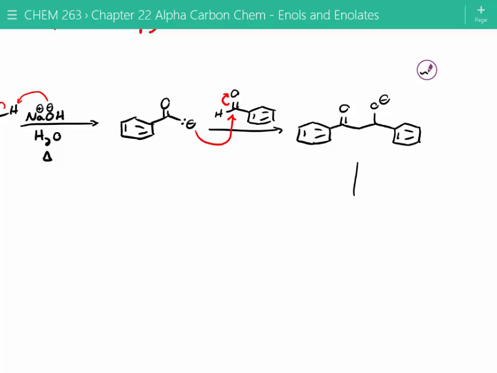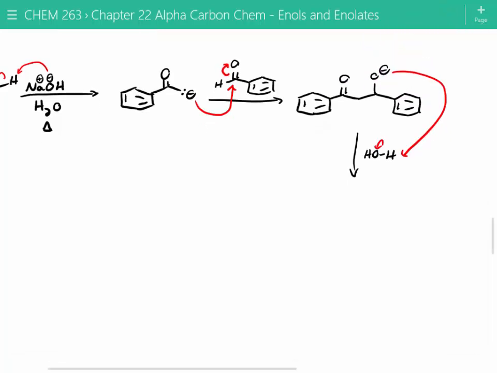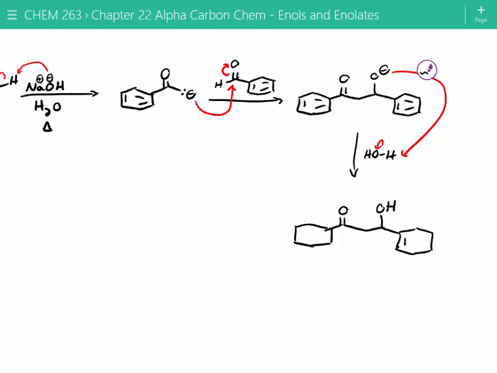And then in the next step, we've got water around. So this alcohol can come grab a proton. And what's the next step going to be?